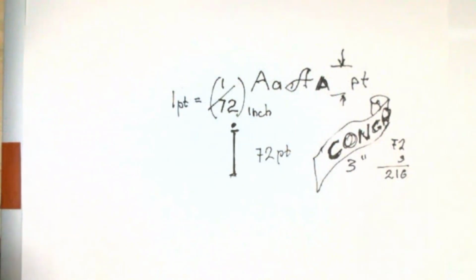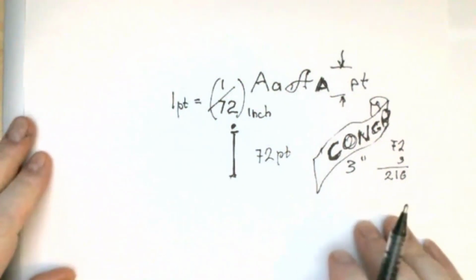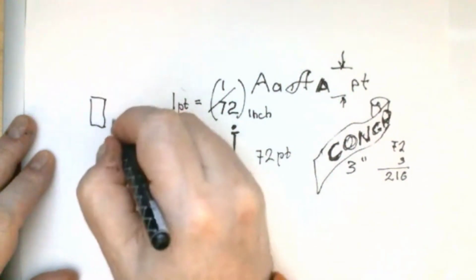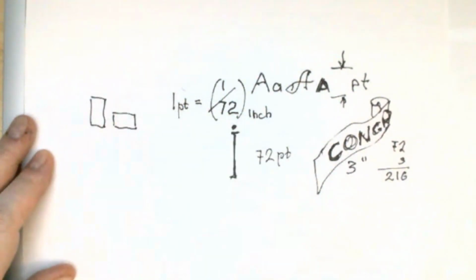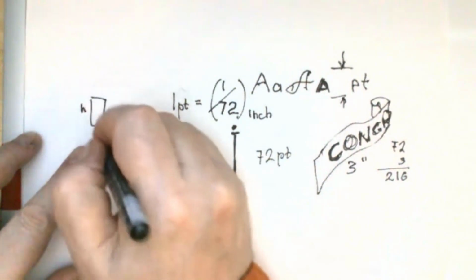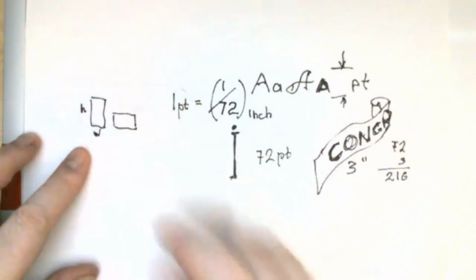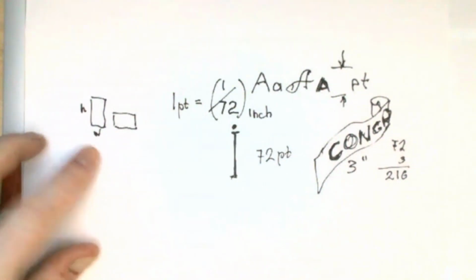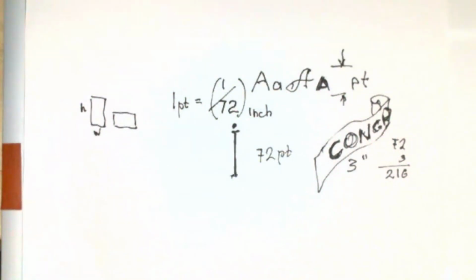Next question is very, very easy. What is the difference between landscape and portrait? These settings are in the word processor. When we're talking about height and width, in portrait, height is greater than width, but in landscape, it's different.